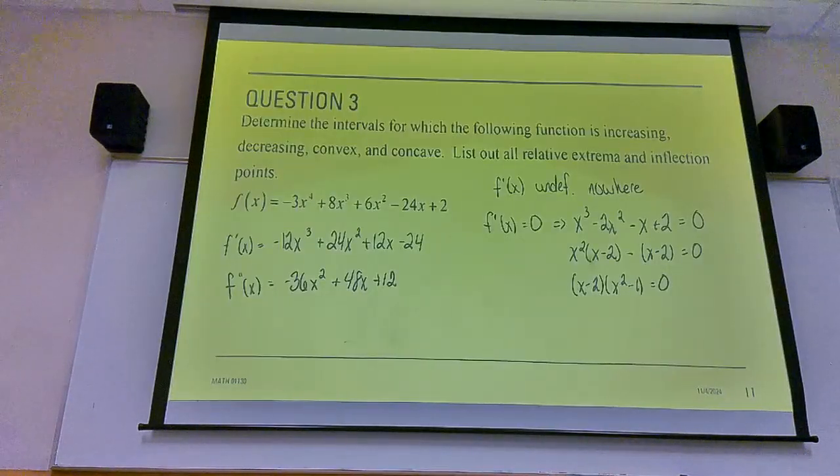Factor by grouping. How many critical points are there? What are they? 2.